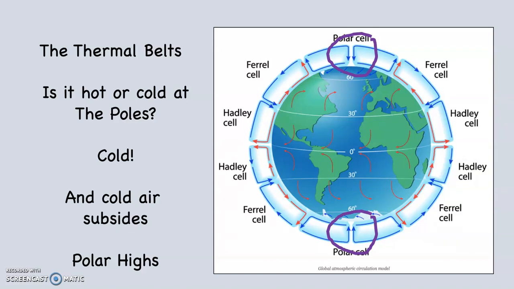They are the result of cold, subsiding air at the poles. Take a look again at the arrows, and you can see that those arrows that I've circled are blue, indicating cold, subsiding. Therefore, the 2 thermally induced pressure belts per hemisphere are the polar highs and the equatorial low.